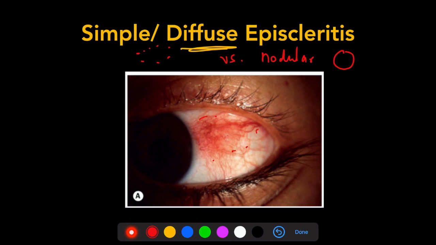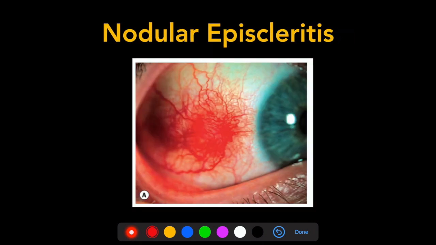It's ill-defined redness here. Whereas in a nodular episcleritis, you have a painful nodule. Yes, you can have a tender nodule. But I just mentioned the slit beam will differentiate between nodular episcleritis as well as nodular scleritis. So this is this tender nodule or very congested looking nodule which is seen in nodular episcleritis.